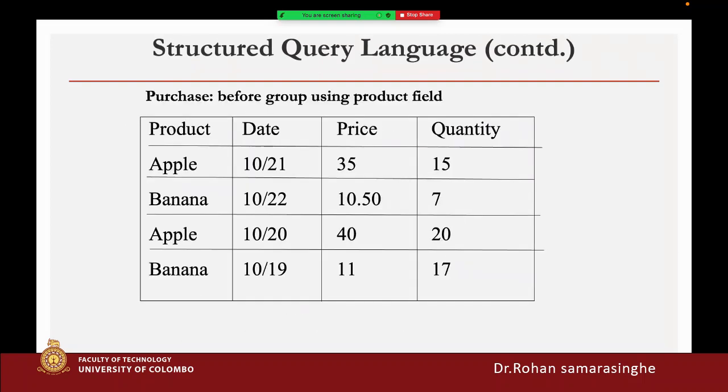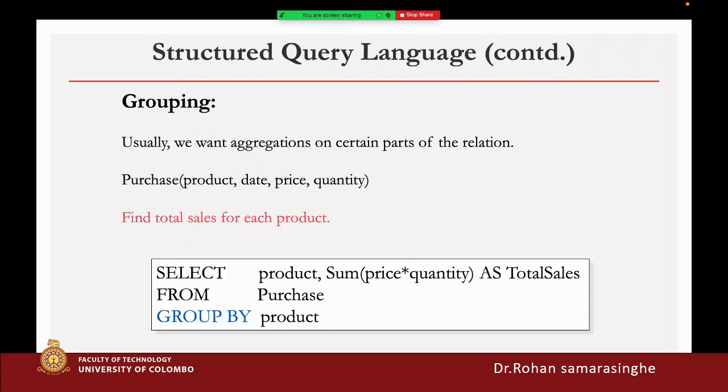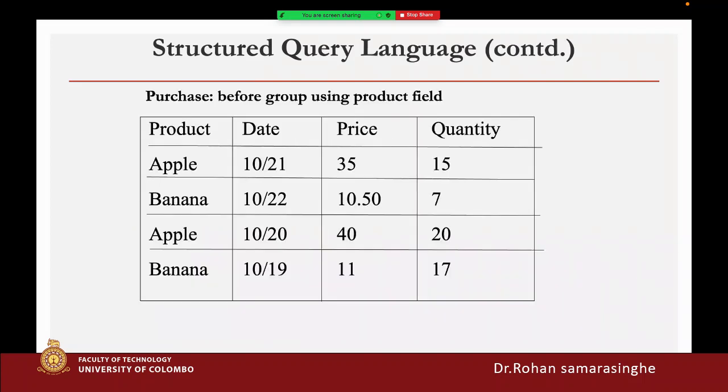Even though we write it like this: select, specially execute from, and if there is a where clause, and next group by, and finally execute these calculations to get the summation as total sales.